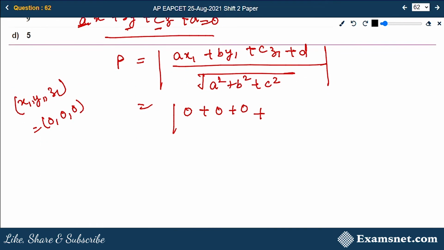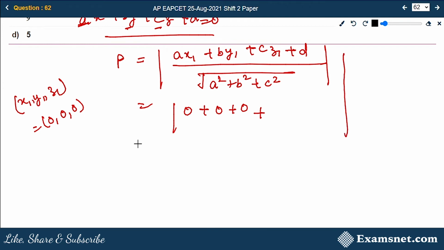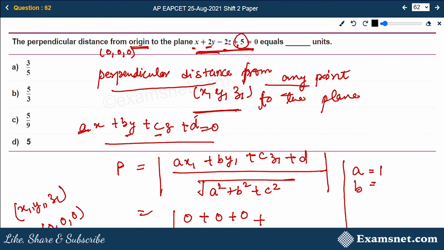Let's write down. In this question, a is the coefficient of x, that is 1. B is the coefficient of y, it is 2. C is the coefficient of z, minus 2, and d is the constant, which is 5.